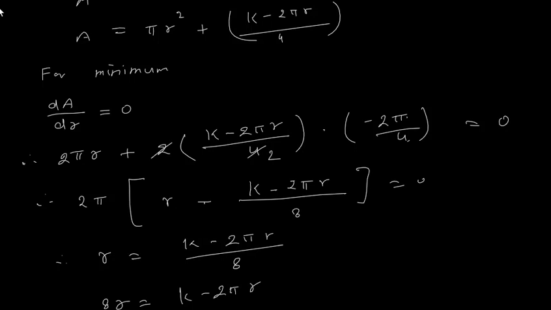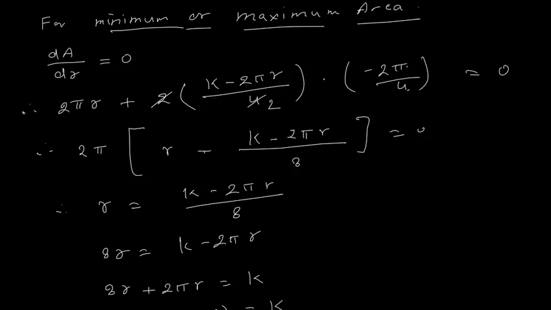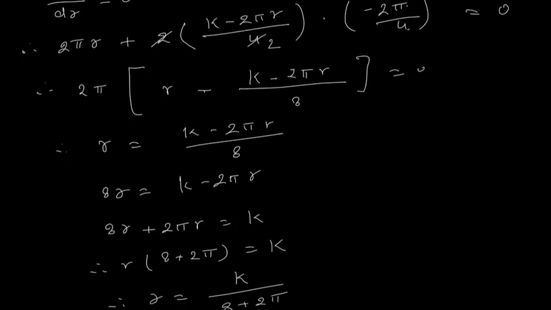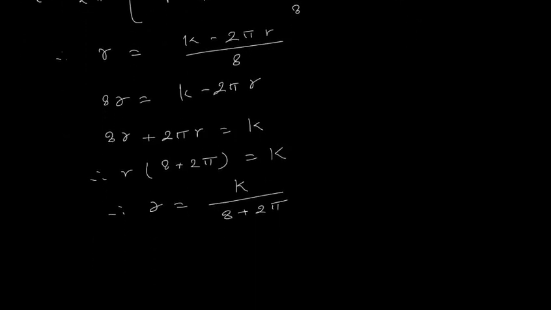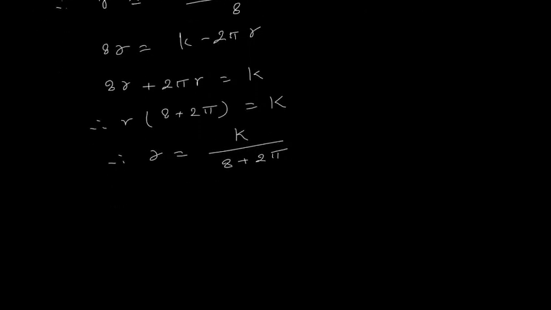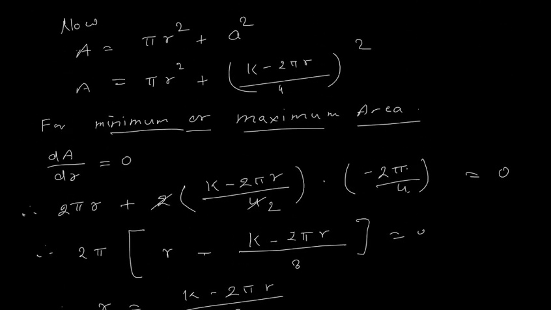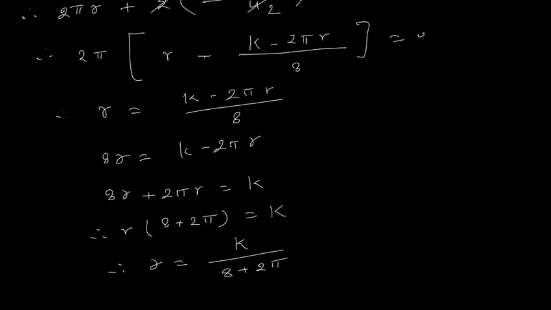So here I will write, for minimum or maximum area, this is a condition for both minimum and maximum, dA upon dr should be equal to 0. Now I will find the second derivative and put this value in that to check whether this condition is giving me minimum area or maximum area.